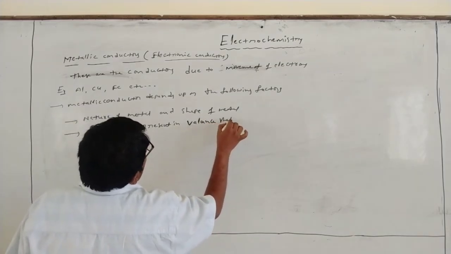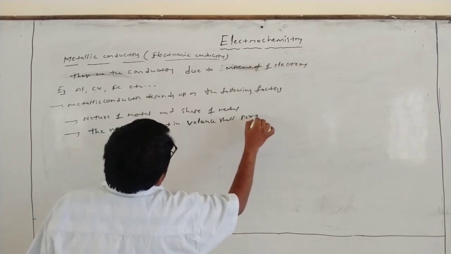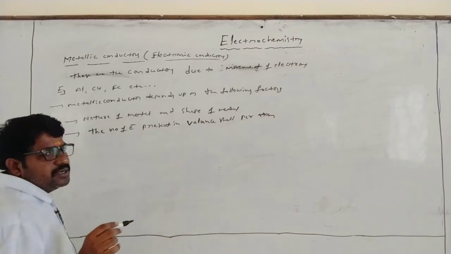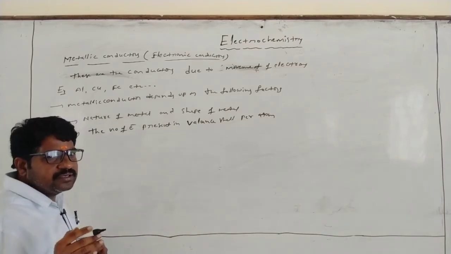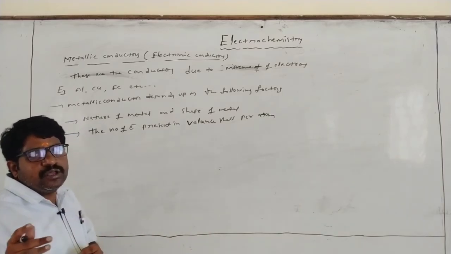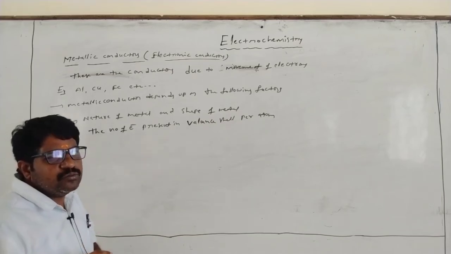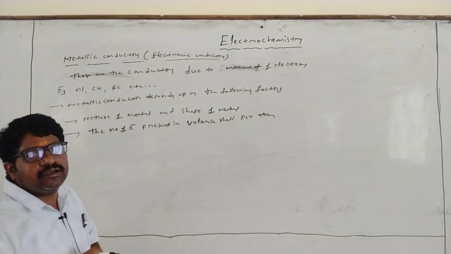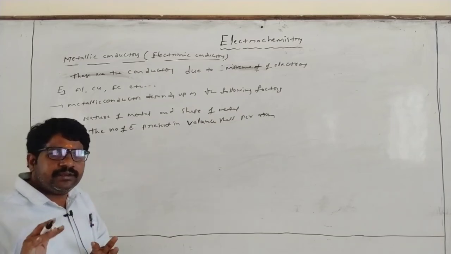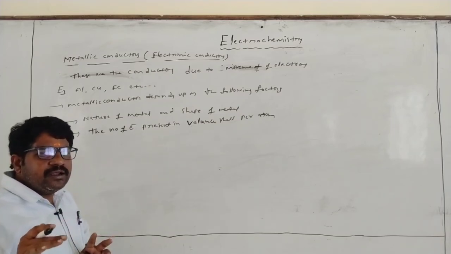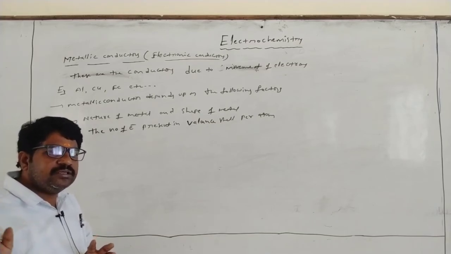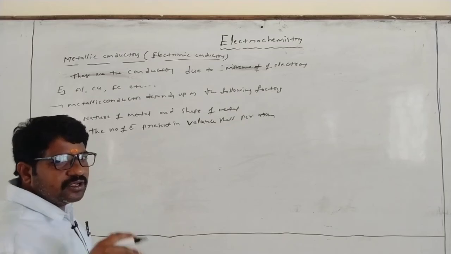Some elements contain fewer valence electrons, some contain more. More electrons means more conductivity, fewer means less conductivity. But anyhow, those are conductors. If the number of electrons increases, conductivity also increases. If it decreases, conductivity also decreases.